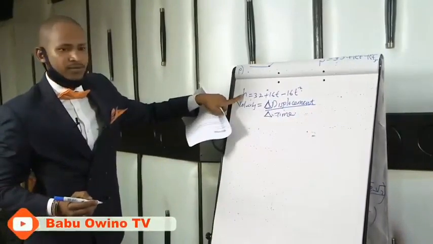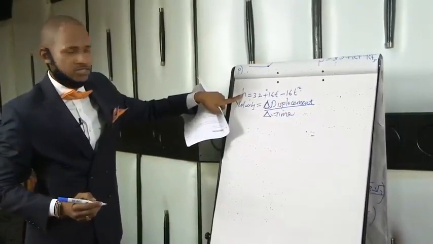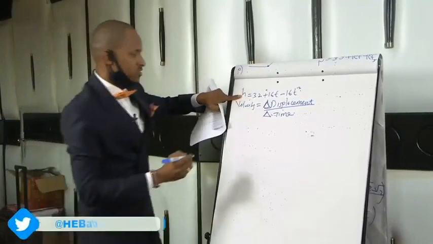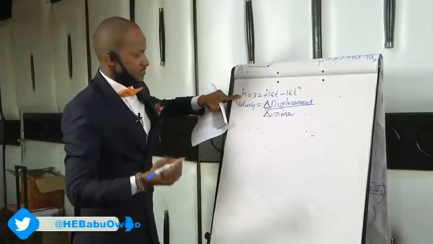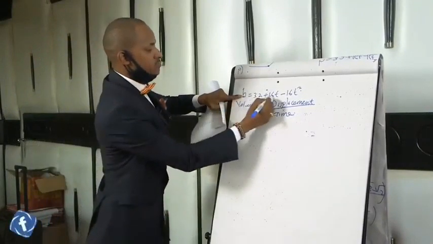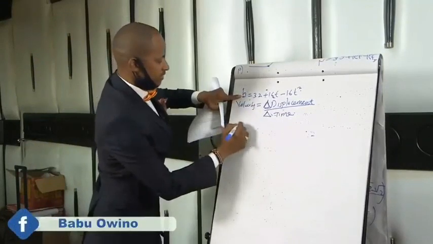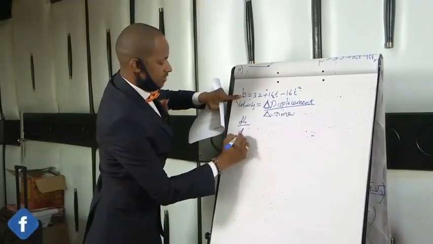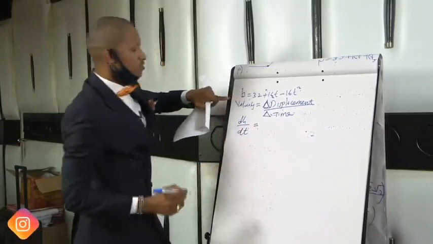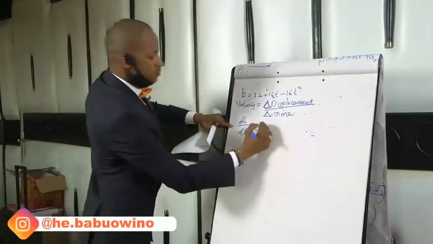We have displacement or the height as h. So when our height is h, we just differentiate h with respect to t. So that is dh/dt, which when you differentiate is equal to the velocity.